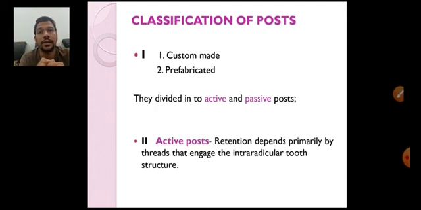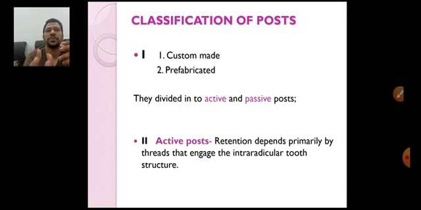And for retrieval, you may need the other side of the hammer in order to retrieve it. So that is called active post. In the same case, if you use a screw, you need a screwdriver to create some amount of torque on that screw so that it goes inside, and you need that same screwdriver to create torque to take it out. So that is called active post.